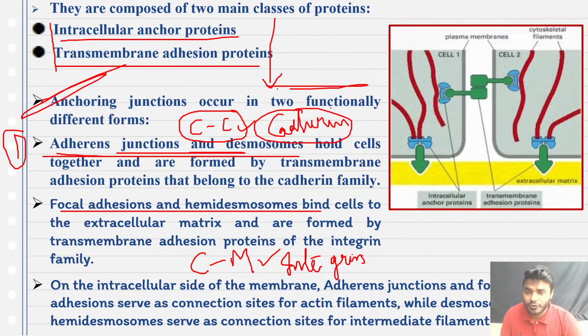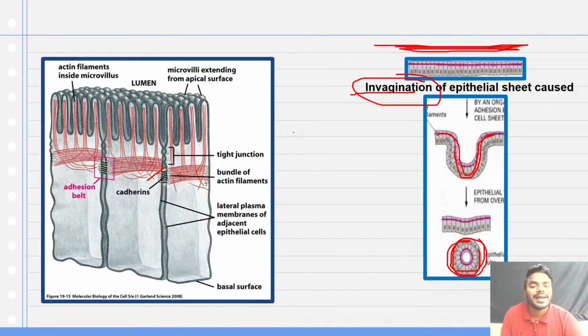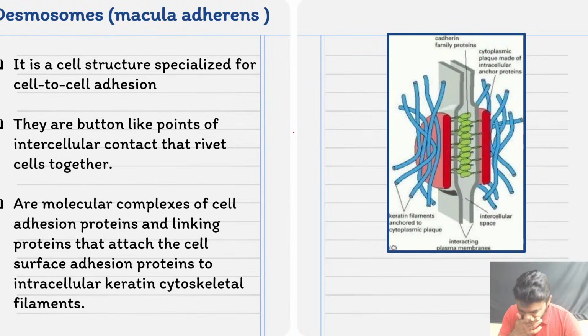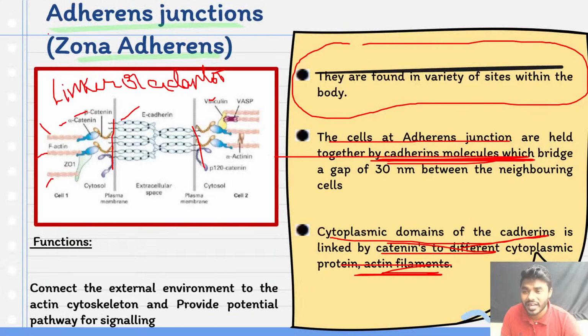So, anchoring junctions are of two types. One we can call the adherens junction and the other the desmosome. We studied the adherens junction. Now we are going to study the desmosomes. And friends, remembering the other names is very important, because most of the time, to make us confused, they give the other names instead of the general names.